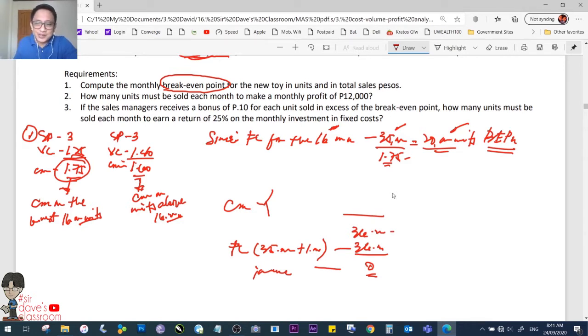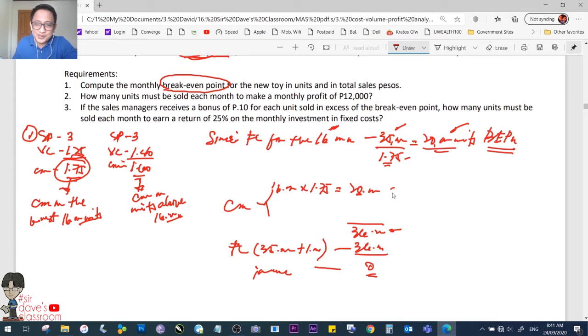Ngayon, yung 36,000 na yun, manggagaling sa dalawang sources. Una, dun sa first 16,000 units. Alright? Na magbibigay sa'yo ng 1.75 bawat isa. Right? This is 16,000 units times 1.75. 28,000 yon. Tama? Our solution format is the CM format income statement lang eh.